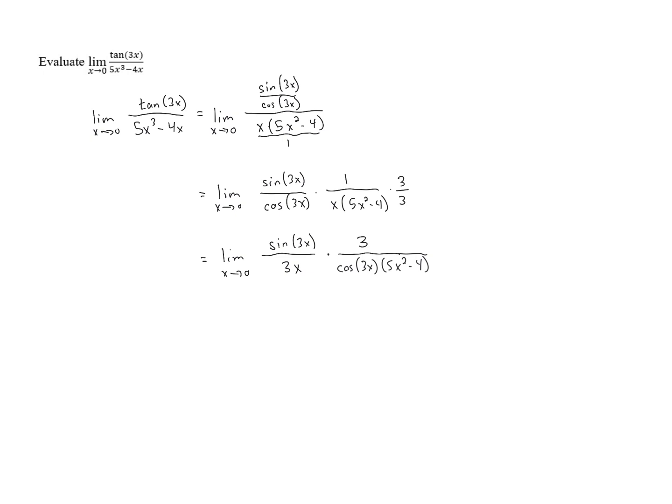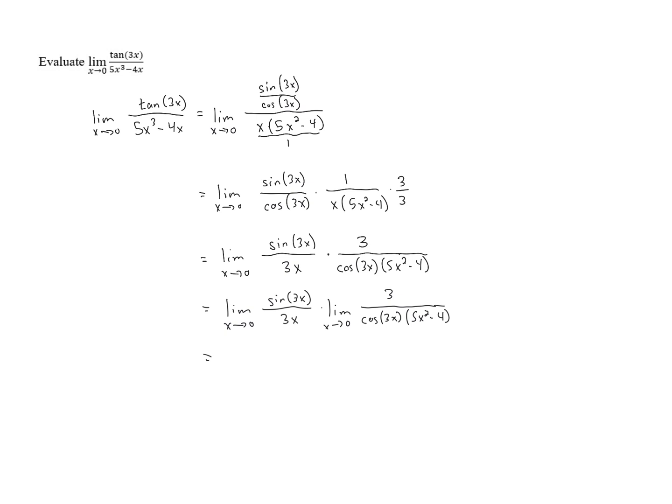Now, we can separate this into two different limits, the product of limits. So we can write this as the limit as x approaches 0 of sine of 3x over 3x times the limit as x approaches 0 of this other expression, 3 over cosine of 3x times 5x squared minus 4.